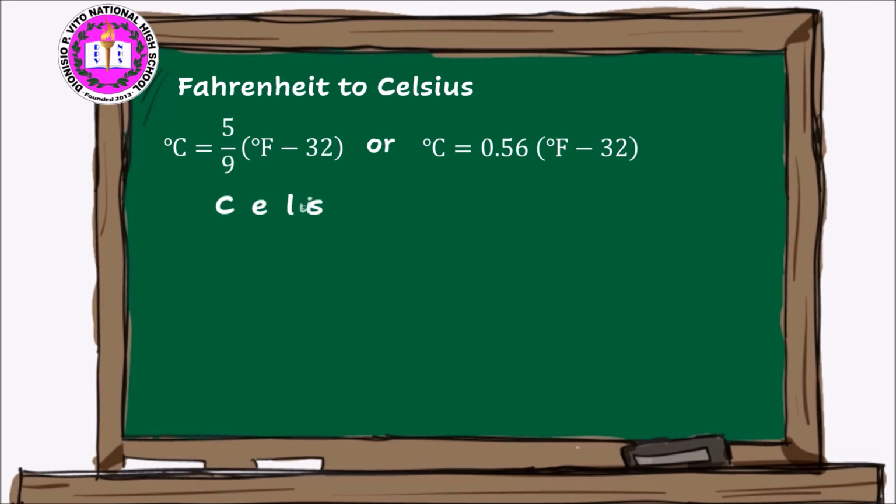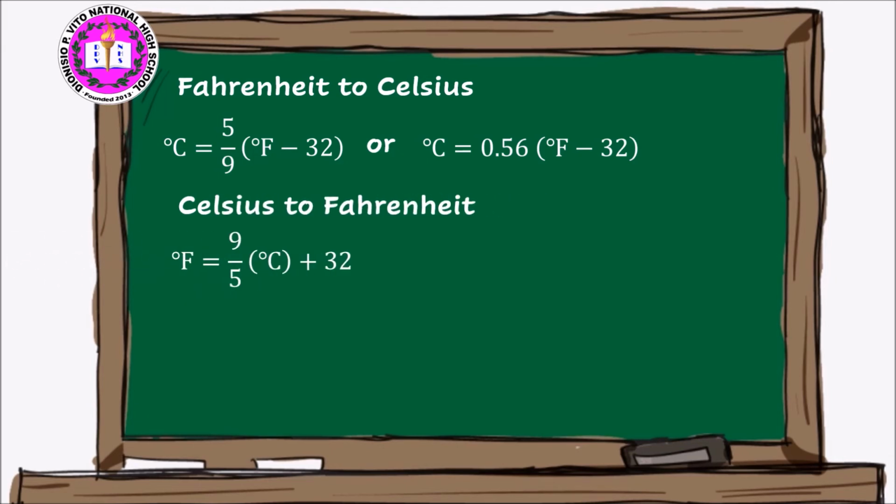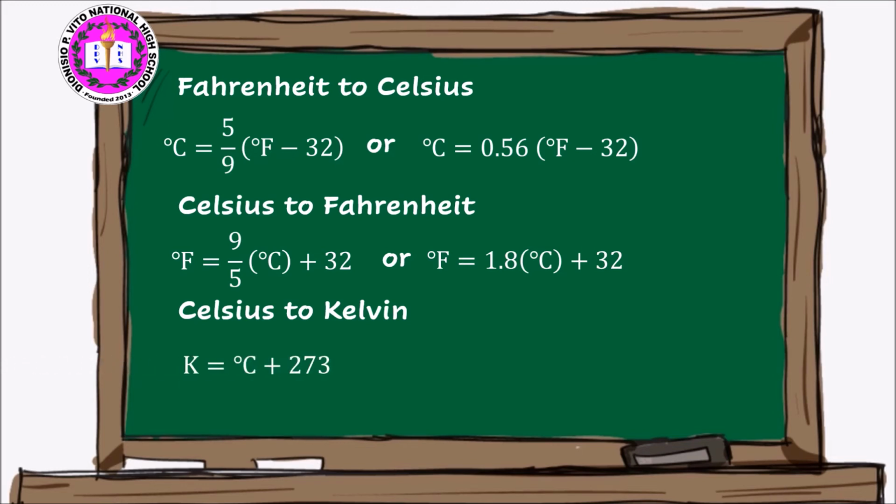And if we're going to convert Celsius to Fahrenheit, we have degree Fahrenheit equal to 9/5 times degree Celsius plus 32, or degree Fahrenheit is equal to 1.8 times degree Celsius plus 32. And if we're going to convert Celsius to Kelvin, Kelvin is equal to degree Celsius plus 273.